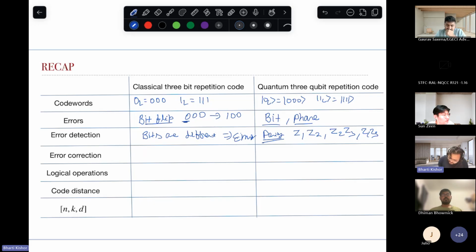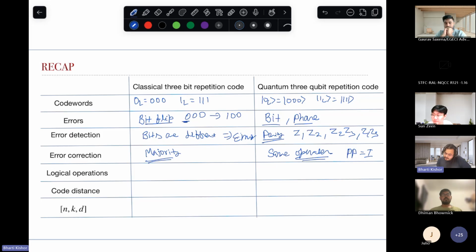For error correction, in the classical case we just took a majority vote. In the quantum case, once you figure out what error has occurred, you just apply the same operator. This works because Paulis are self-inverse: if you have some error corresponding to some Pauli P and you apply it again, then P squared is identity, so everything works fine.